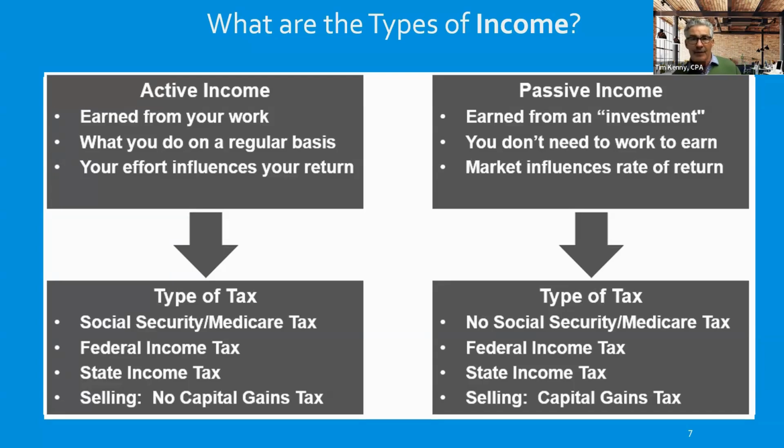This income is not subject to Social Security and Medicare tax, and in the case of selling an investment, it is subject to capital gain tax. However, as we'll see, in some cases, it can also be subject to similar tax rates as active income.